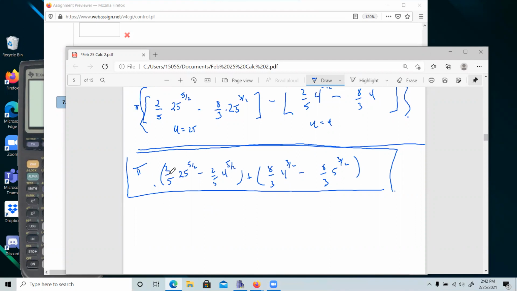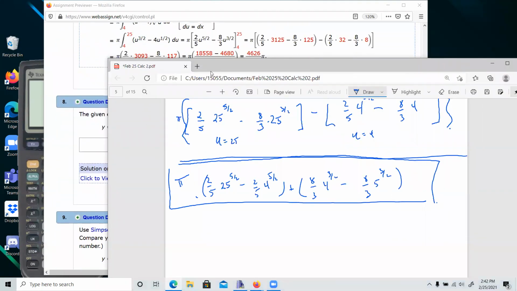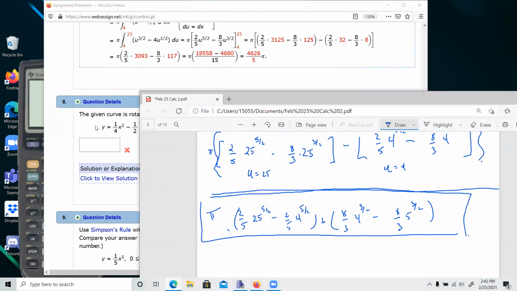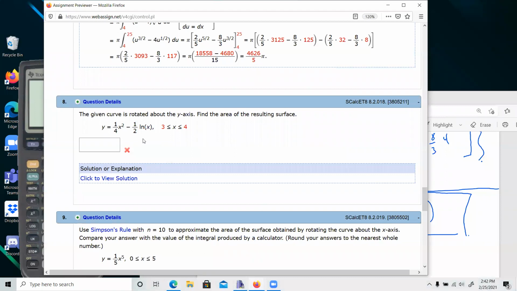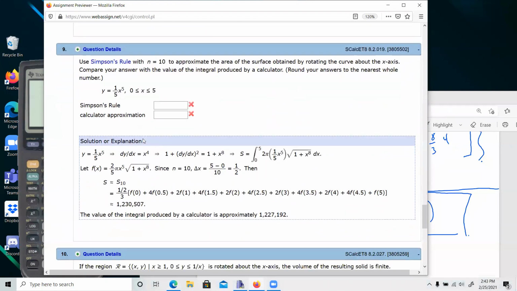Okay, let's see. 242. Tell you what, I think what I'm going to do is, because I know we did a couple of these before as well. Yep, I know we've done a couple of these before.